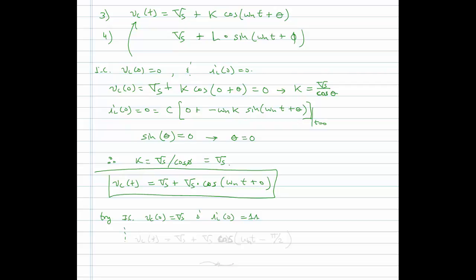You will find that Vc of t will be Vs plus Vs cosine of omega n t minus pi over 2, right? Because cosine of theta minus pi over 2 is the same thing as sine.